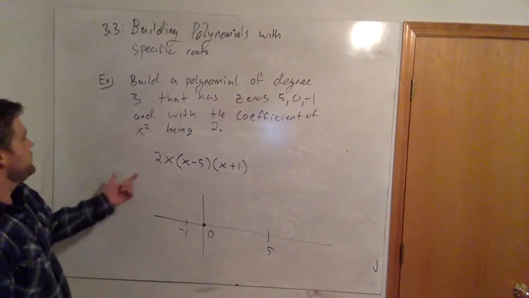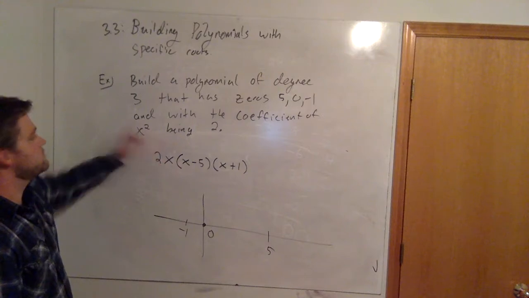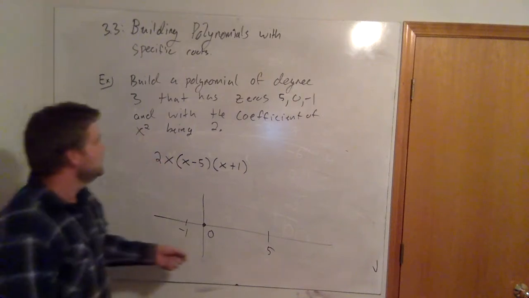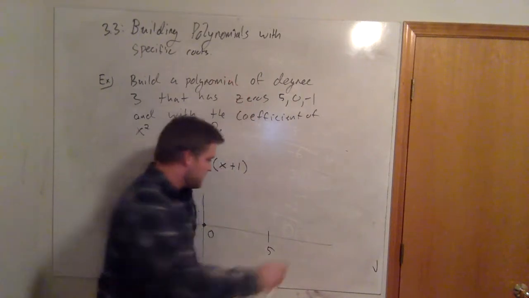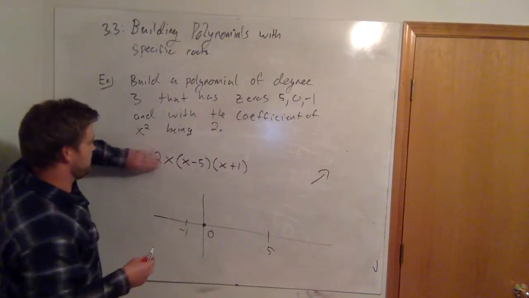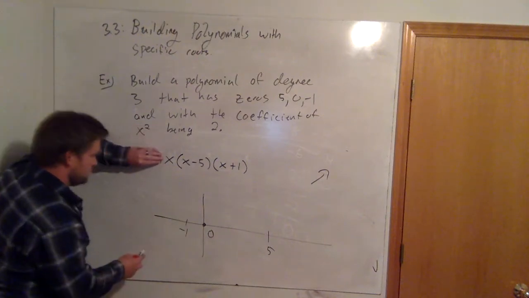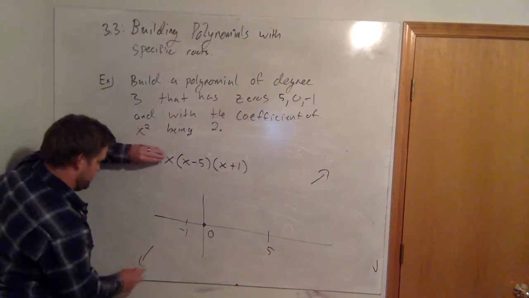Okay, maybe we could think about what this would look like. What would be its end behavior? It's a third degree polynomial, so it would look like this. Its end behavior would be like an x cubed. There's no negative out front, or imagine that I don't have any other coefficients here. I guess this coefficient is positive, and I'd have this behavior here.